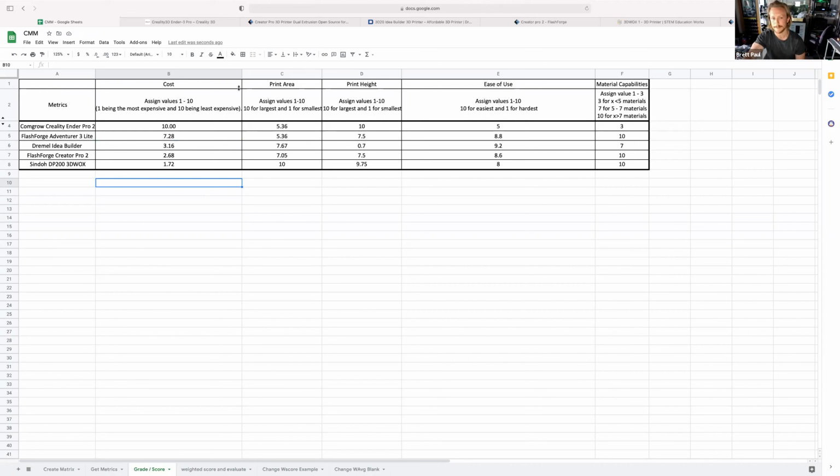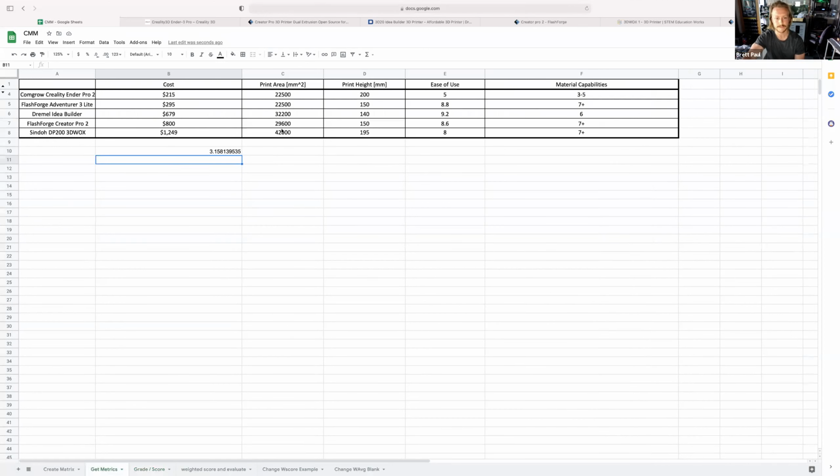I'll do one more example with print area, okay? So we've assigned a value of 10 to the 3D WOX, which has the largest print area of 42,000 millimeters squared. Okay, so if we want to come up with the score for both the Pro 2 and the Adventure 3 Lite, which have the same build areas, we're going to do 42,000 divided by 22,500. And this can be done on a calculator, but I'm just going to do it here.